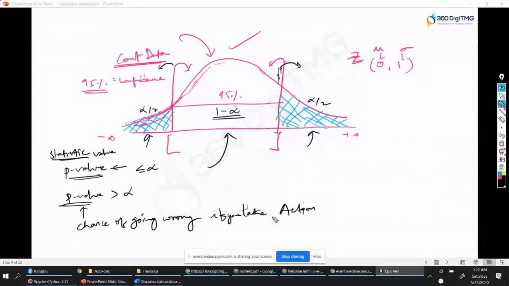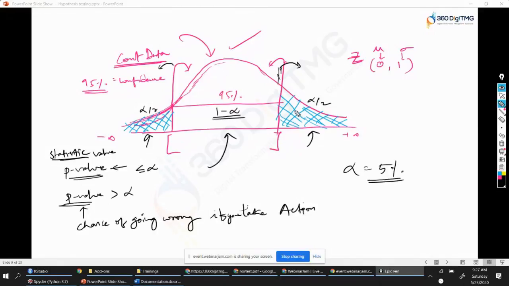If you take an action, what is the chance that the results are falling in the unaccepted region or the accepted region, right? And the industrial standard, alpha, is set at 5%. It means you can go wrong by a maximum of 5%, not more than that.